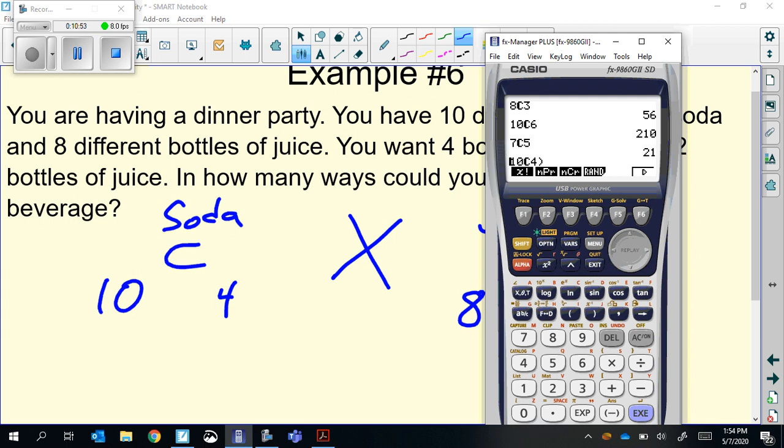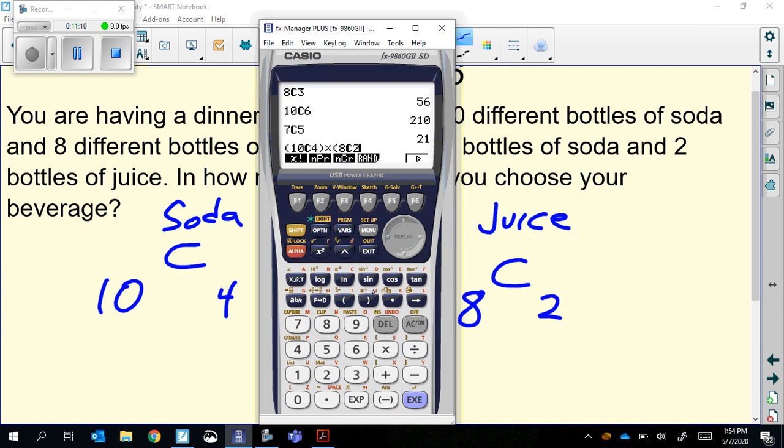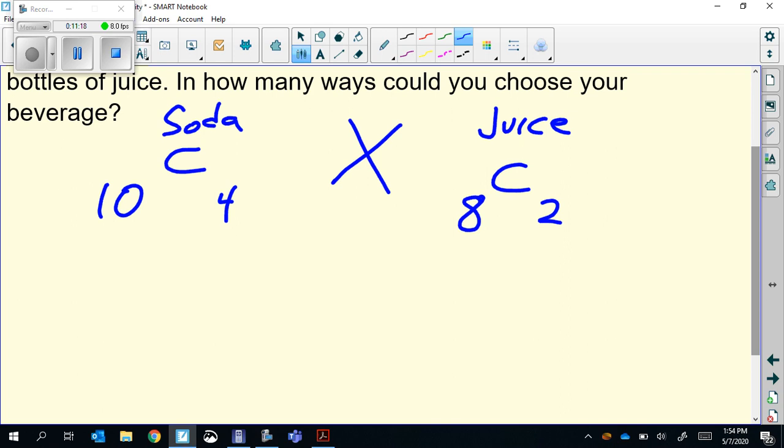I don't know that it would matter, but when in doubt, use parentheses. Times, and then our other one is going to be an 8C2, I think, right? Yep. Multiply it out, 5880.